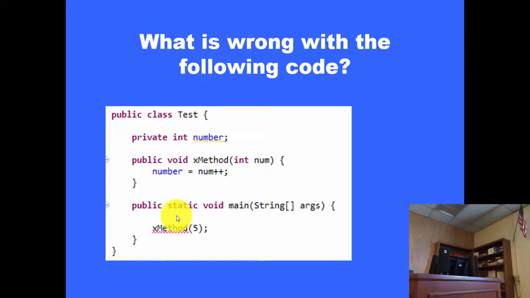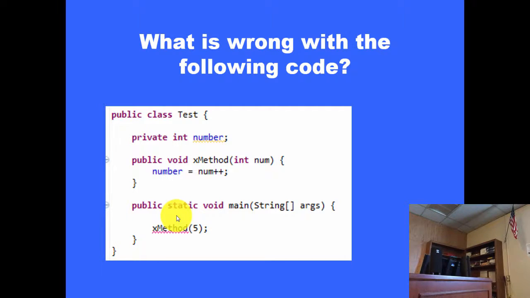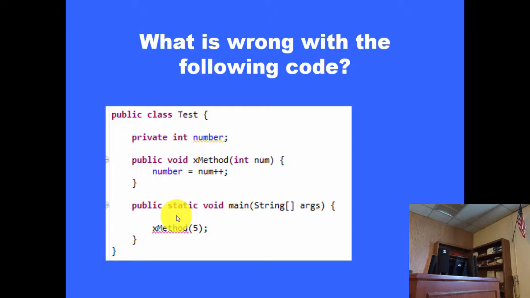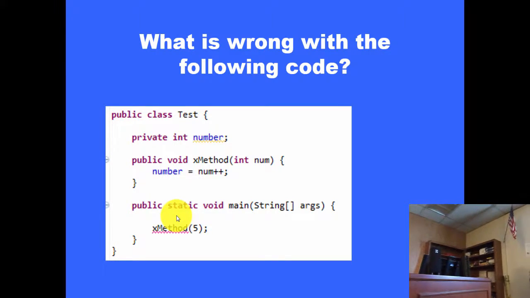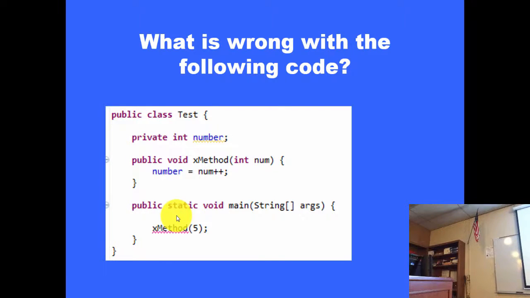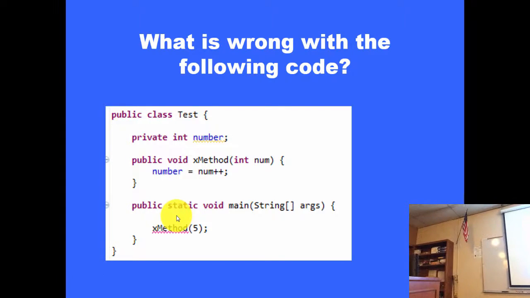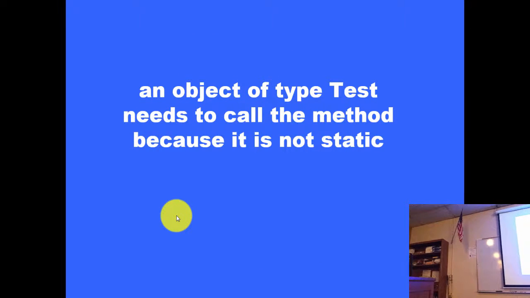We have to construct an object of type Test, and then you use that object to call the method. Okay, like that. And you can't make it static because it does use that instance variable inside the method.